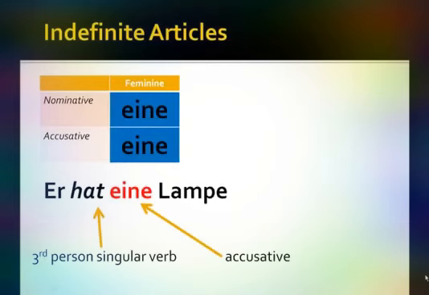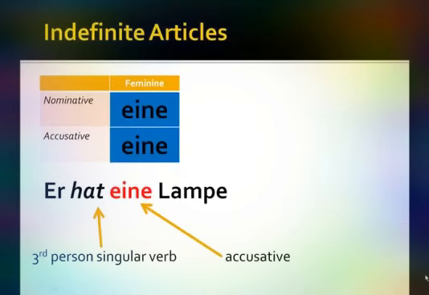It receives the action of being had. Therefore, I'm going to use the accusative feminine form of the indefinite article, eine. Er hat eine Lampe. However, as we already talked about, it's inside the Oklahoma box, so it doesn't change.